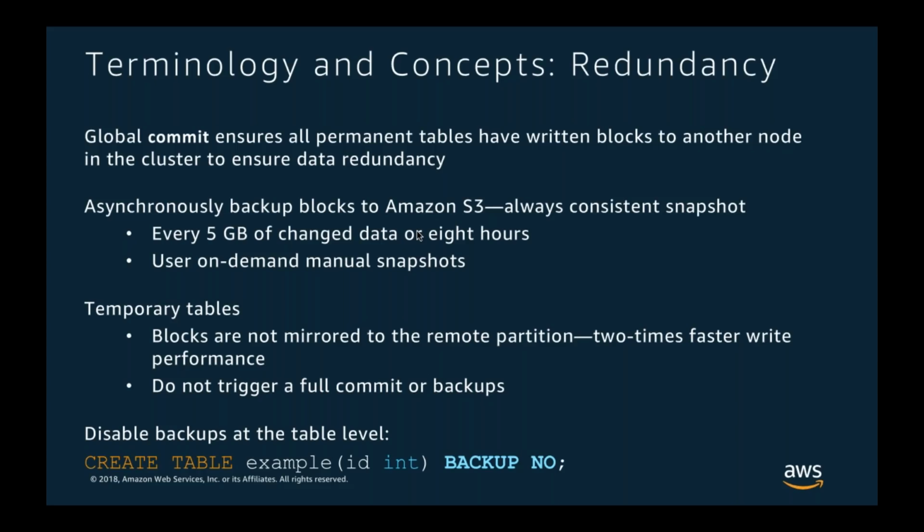We automatically trigger an automated snapshot and keep a copy of the data in S3. This is useful, again, for handling failures. If you have a node failure or an entire cluster level failure, to restore data to your cluster, we would use a combination of what's available on other compute nodes and also what's available in S3 to quickly replicate the data.